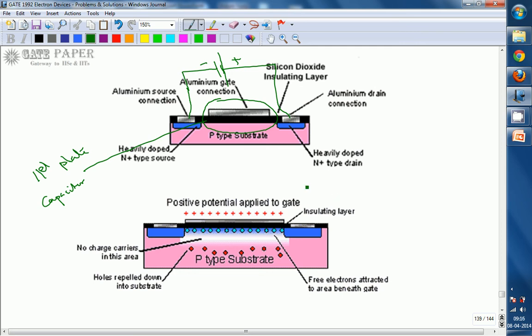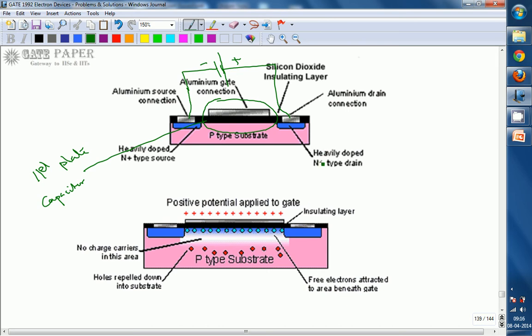So it is a capacitor action that enhances the channel so that it can turn on. At the same time, if it is depletion mode, the channel will be present permanently, and you must apply some voltage such that the channel is removed. So this totally depends on the capacitor action present across the gate and substrate along with the silicon dioxide layer.